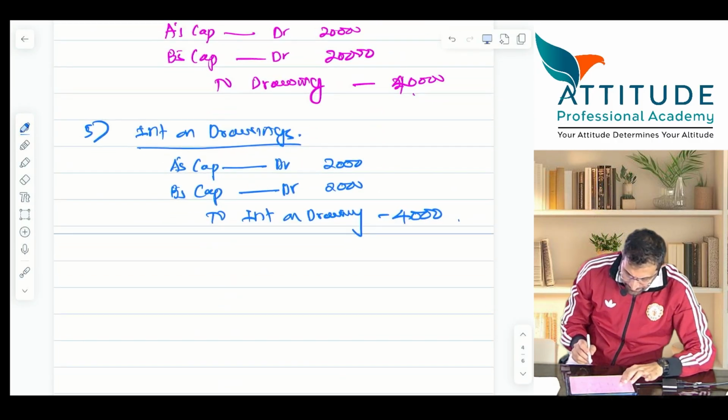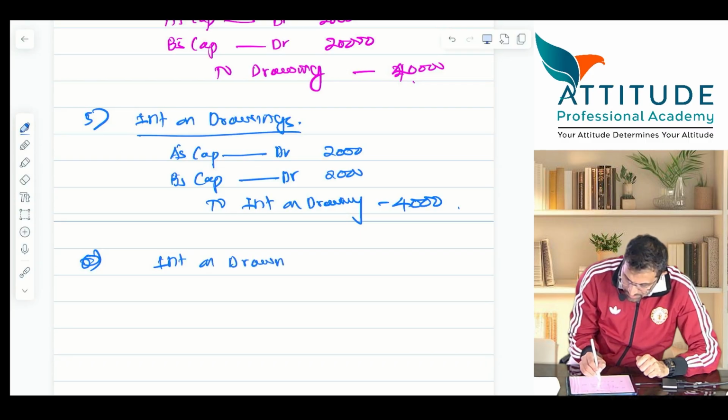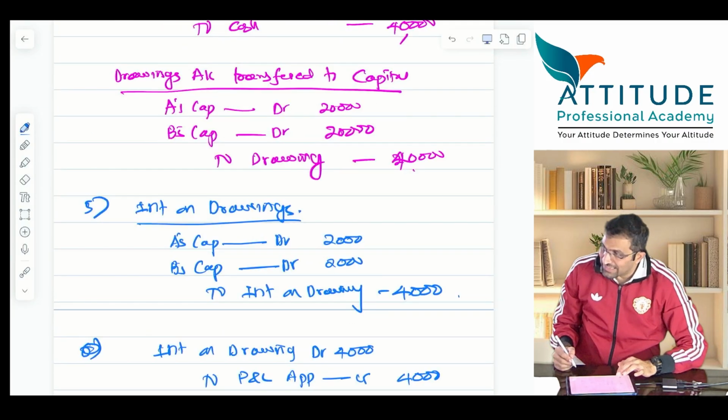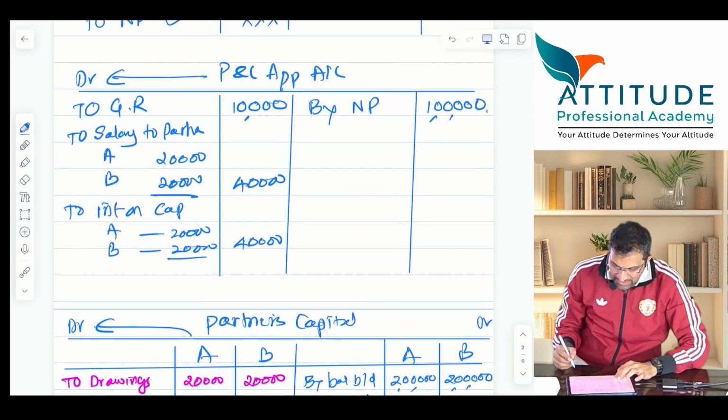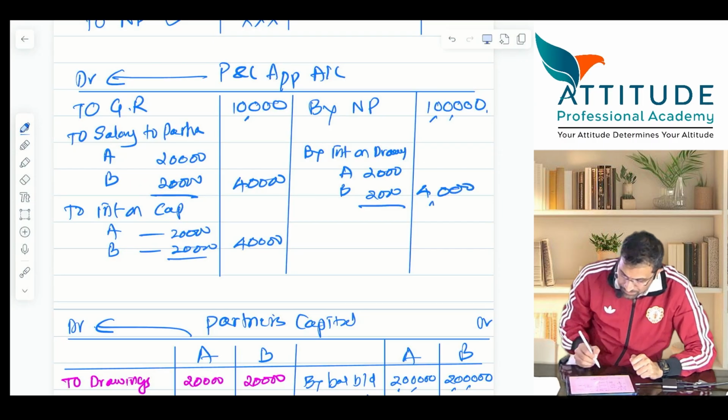Entry: interest on drawings debit 4,000 to P&L appropriation account credit 4,000. So this will come on which side? Credit side of P&L appropriation. Here it will come: by interest on drawings, A and B, 2,000 and 2,000. Total is 4,000.